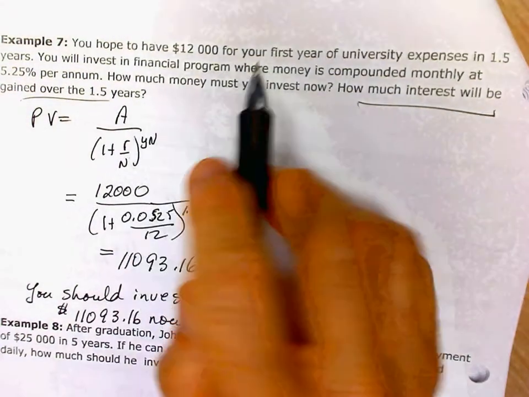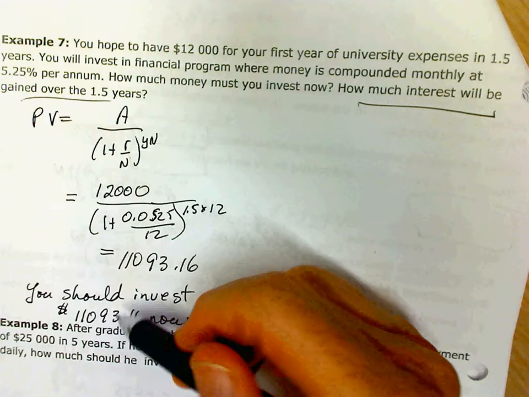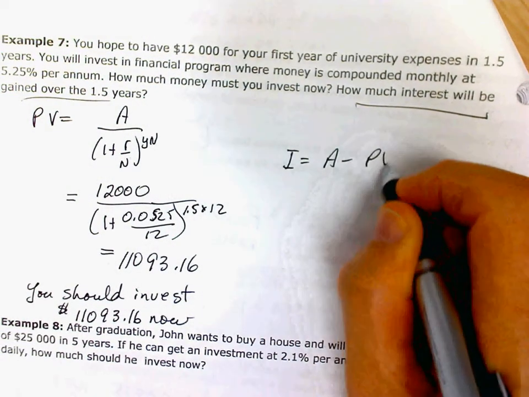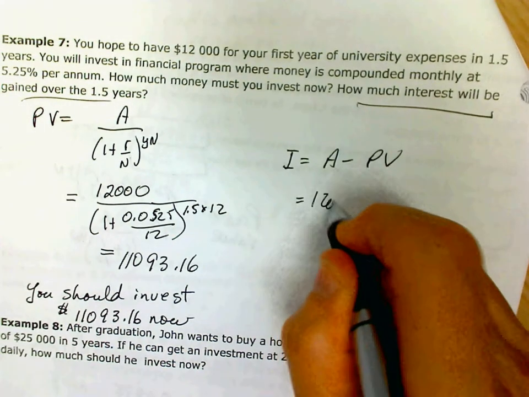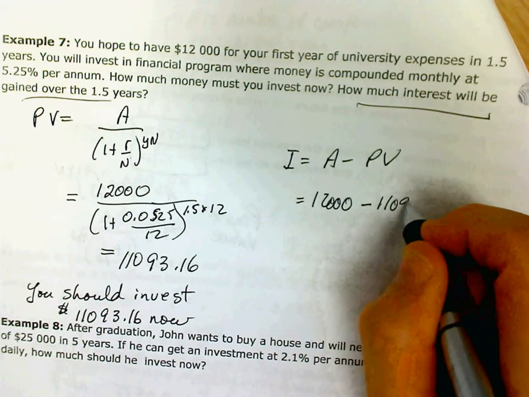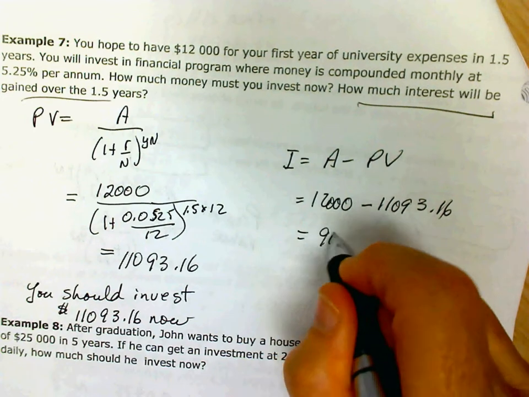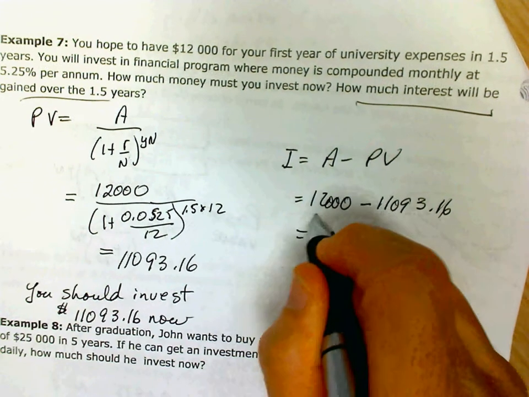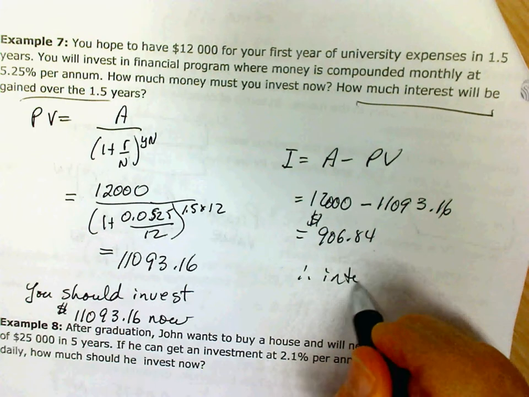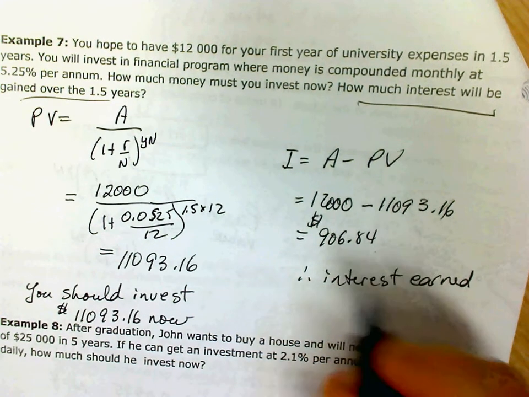So interest equals A minus PV equals 12,000 minus 11,093.16 equals 906.84. Therefore, interest earned is $906.84.